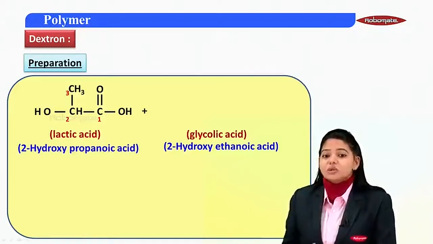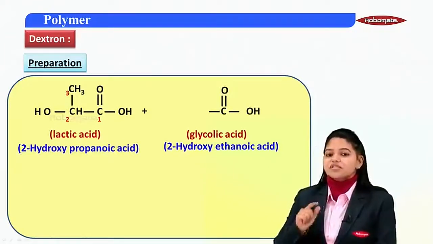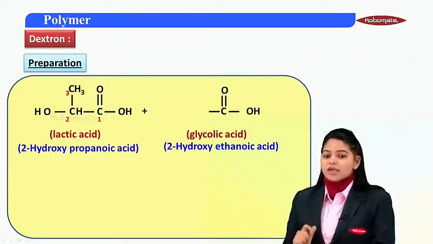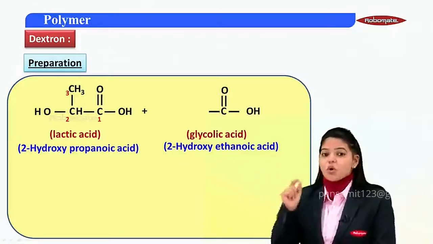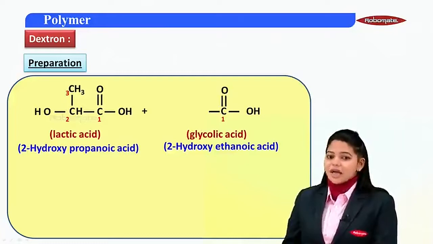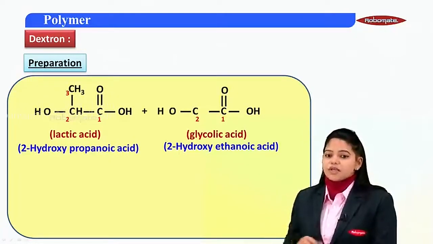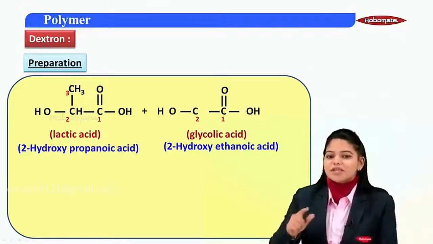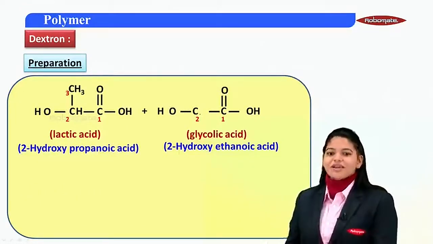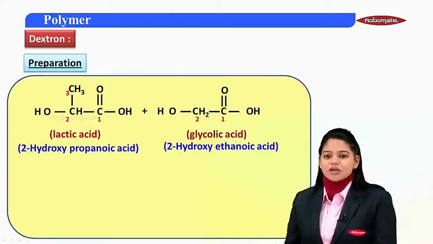Its structure has a carboxylic group on the first carbon, that is C double bond O, OH group, and on the second carbon a hydroxy group, OH. The remaining valencies are filled by hydrogen atoms.